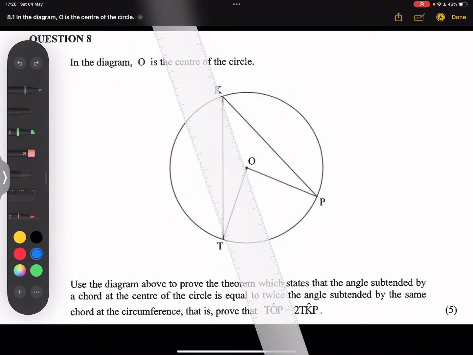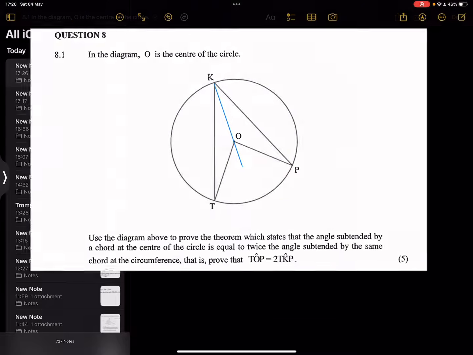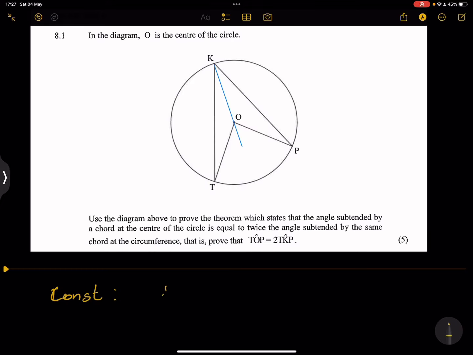All right, so it really shouldn't be rocket science. Okay, so I'm drawing the line KO, and this time I'm just making sure that I extend it a little bit. Okay, so now let's state that. So we're going to construct line KO.